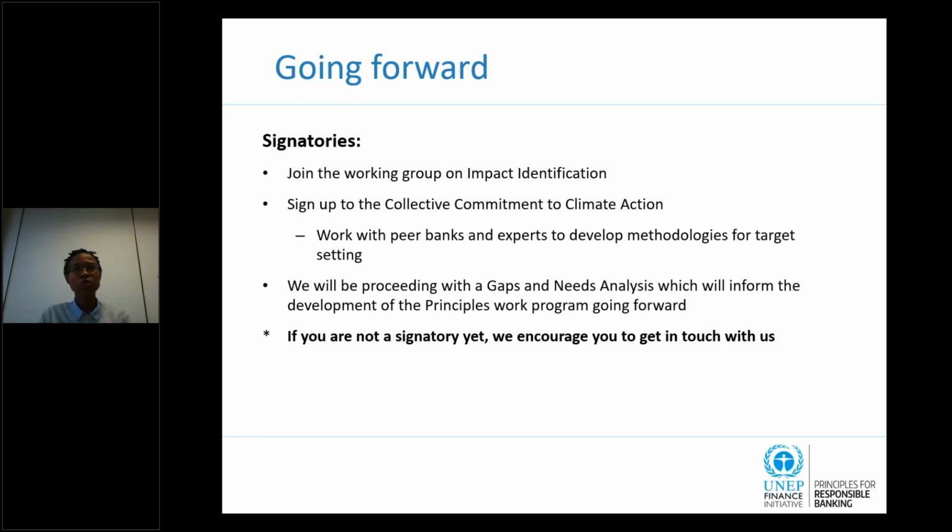What this will serve to do is for the banks to get those discussions going internally, if they're not already going ahead, to really assess: what are we planning to do? What do we need? What support do we need in embarking on implementing the principles? And it will then also inform what the work program for the principles will look like in the year ahead.